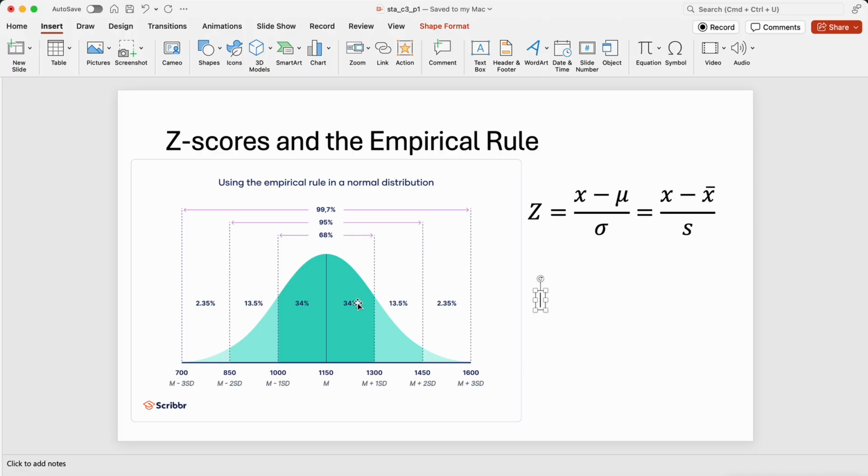Now, up next, to get those 13.5s, let's talk about it like this. Moving from plus or minus 1 standard deviation to plus or minus 2 standard deviations changes our cumulative data from 68 to 95%.